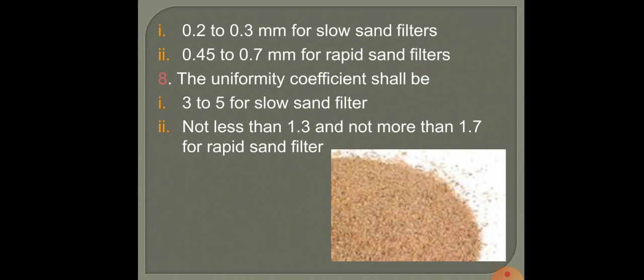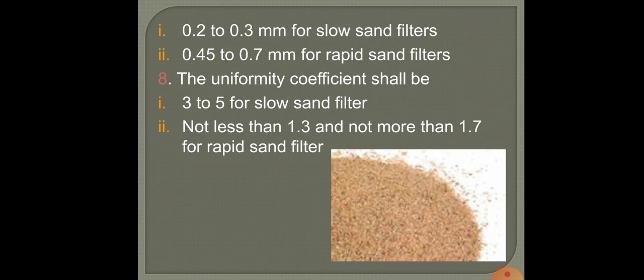Also this effective size should be between 0.2 to 0.3 millimeters in the case of slow sand filters, and for rapid sand filters effective size has to be between 0.45 to 0.7 millimeters. And also here, as shown, the uniformity coefficient. You would have studied the uniformity coefficient also; it is nothing but an expression of the degree of variation.